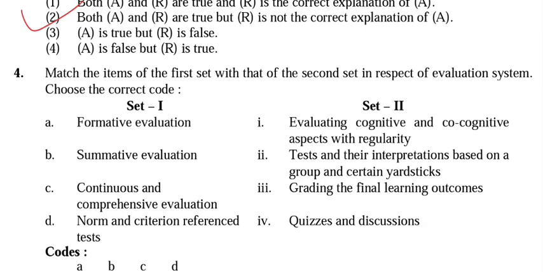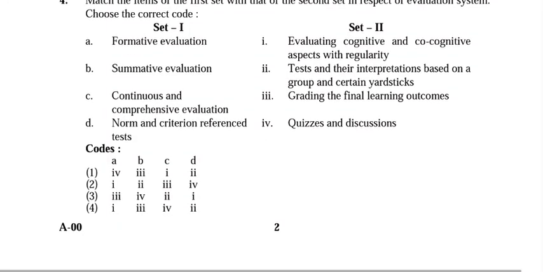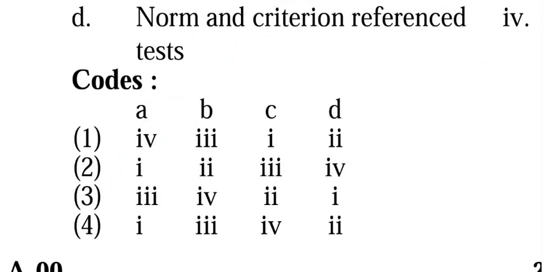In set 2 we have evaluating cognitive and co-cognitive aspect with regularity, test and their interpretations based on a group and certain yardsticks, grading the final learning outcomes, quizzes and discussions. Now we have to match. I will not read the entire options, but I will tell you the correct answer.